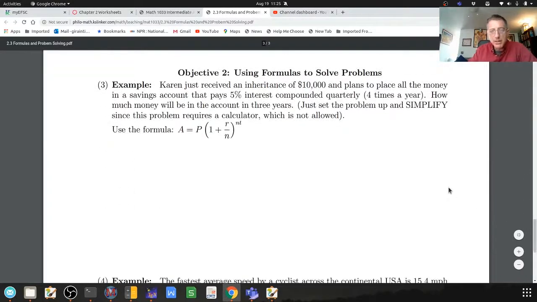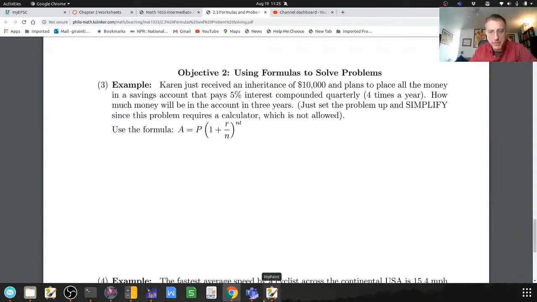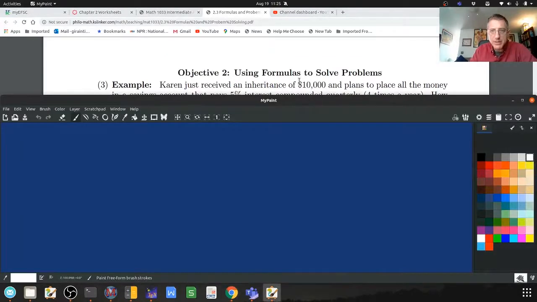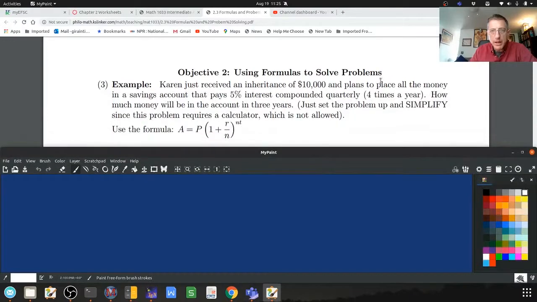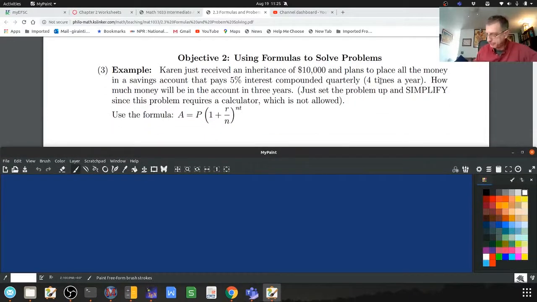And really this particular formula right here, we will encounter in some detail in college algebra. So notice I'm just going to say simplify the problem. It requires a calculator to solve.